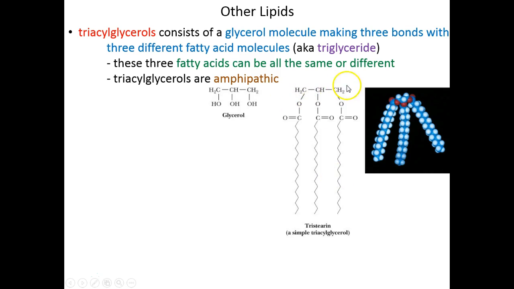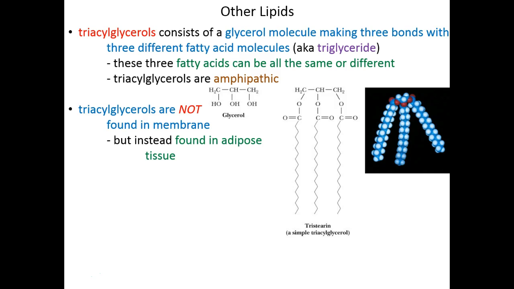We have a hydrophobic bridge here of the glycerol itself, but we also have these polar regions, the polar head groups of the individual fatty acids. Triglycerols are fat storages, the adipose that contributes to our having fat reserves for energy purposes are largely triglycerides, but triglycerols are not found in the membrane.